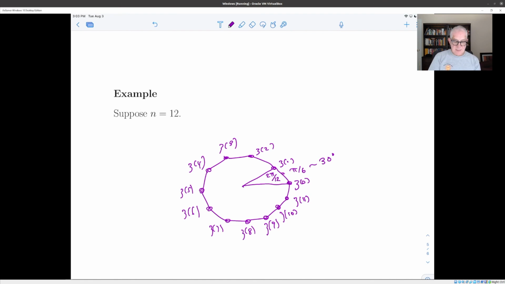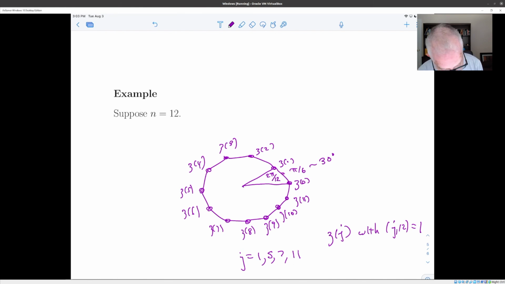And the vertices which correspond to generators are z of j, with j relatively prime to 12, not having any factors in common with 12. And those are going to be j equals 1, not 2, not 3, not 4, 5, not 6, 7, not 8, not 9, not 10, 11.